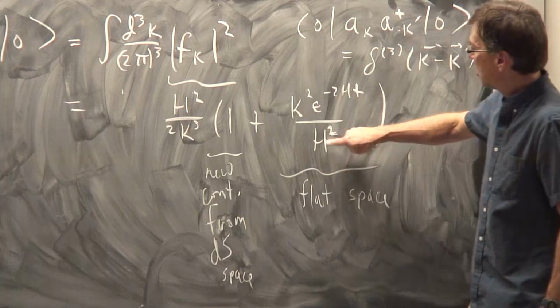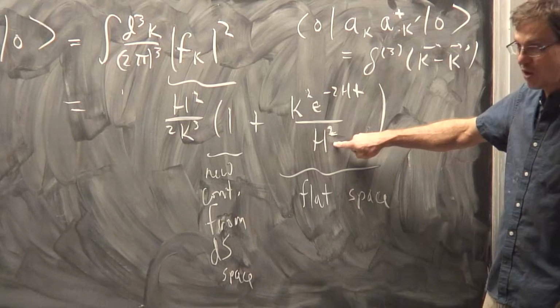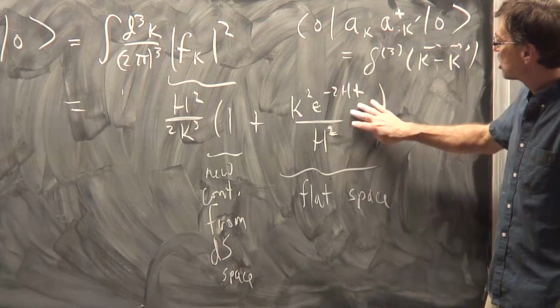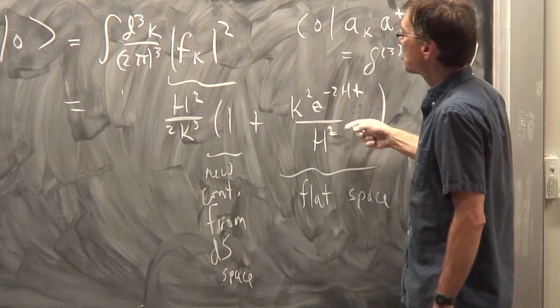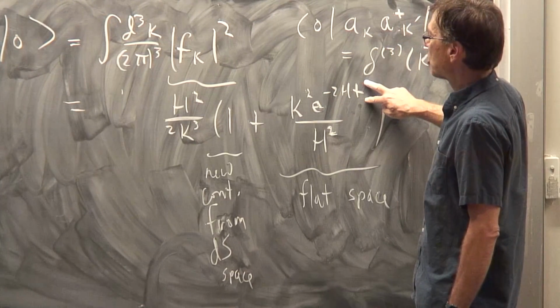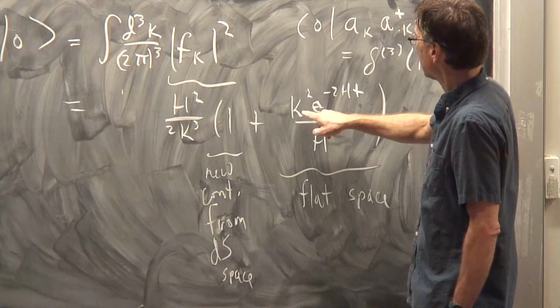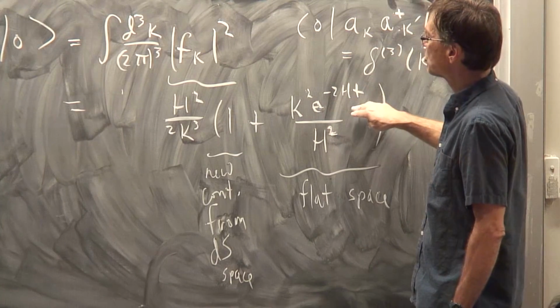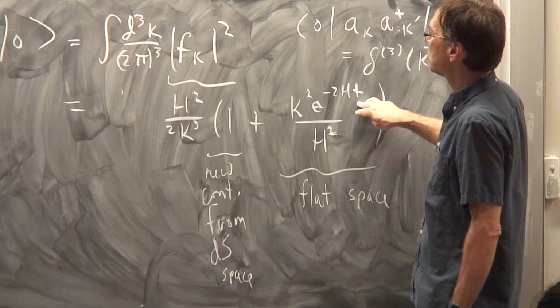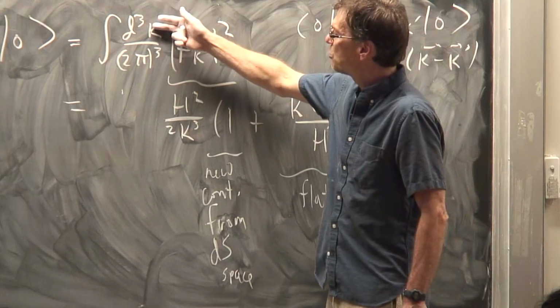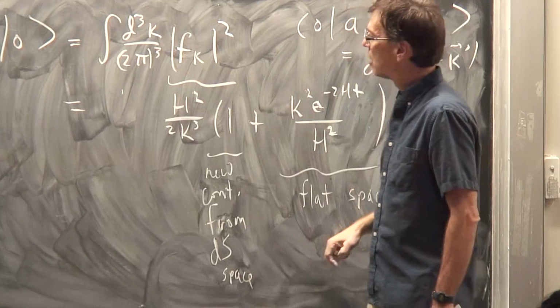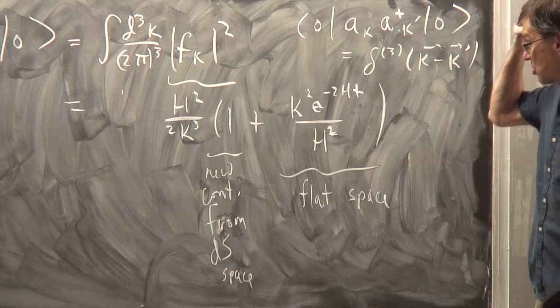One thing you notice is that the H's cancel out. So that's one clue that this is the flat space contribution. Another clue is that I can always rescale k by powers of e to the minus 2Ht to make this look like the integral d3k over the physical omega k. And that's exactly what you get.